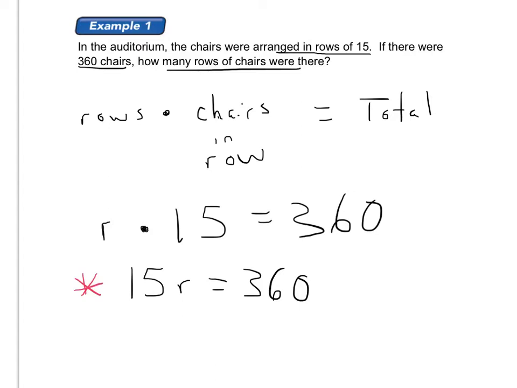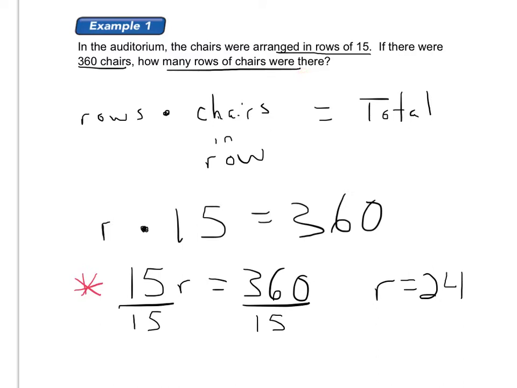Well, we're going to solve this by dividing by 15 on both sides. Okay? And 360 divided by 15, well, that's going to be about 24. Okay, mental math problem. I know that 20 times 15 is 300, 4 times 15 is 60, so that equals 360 total.